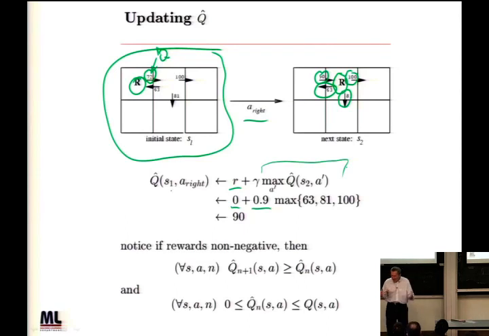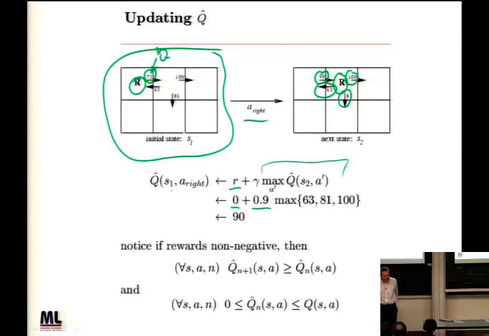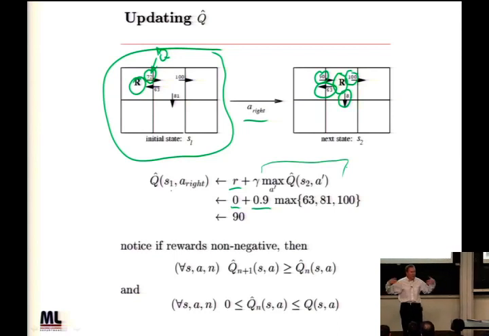Because now we're in a new state where we see more stuff. Maybe we just got a reward too, in which case now we know a lot more confidently about what the value was of being in that state. But even if we don't get a reward, now we can see from this new state what the outgoing actions are and what their values are. So that's the key insight in how we do this.